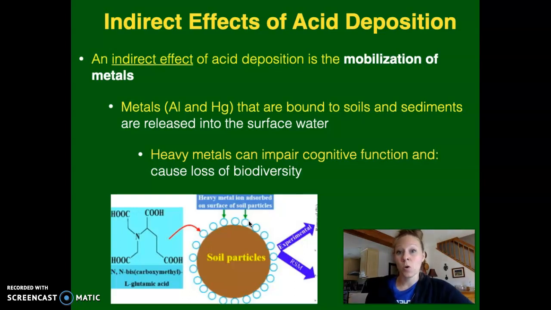Animals or plants can take them in. And so heavy metals can impair cognitive function and cause loss of biodiversity. If you remember, lead was really bad. It just impacts everything negatively. So we definitely don't want that in our soil and in our food.